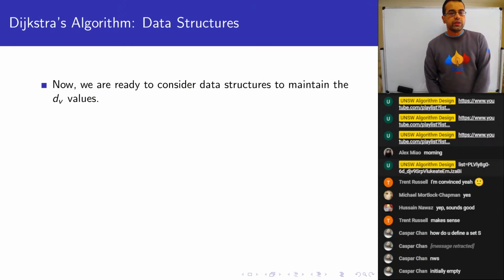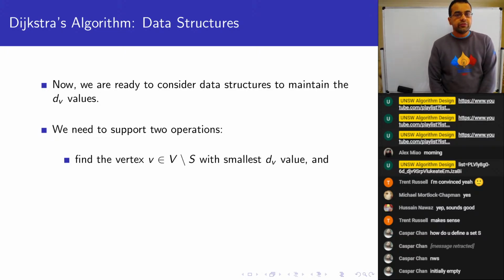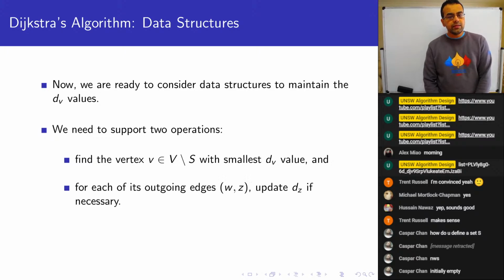Okay, so we'd like to pick a data structure to maintain the DV values. Let's consider what operations we do with those DV values. One operation is find the vertex outside S with smallest DV value, that is the one that has to be added next. And the other operation is, sorry, that's a typo.